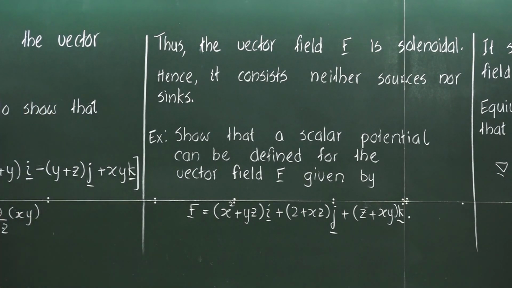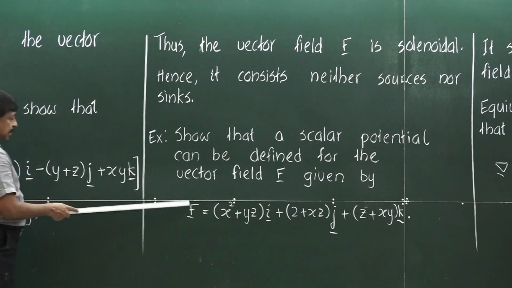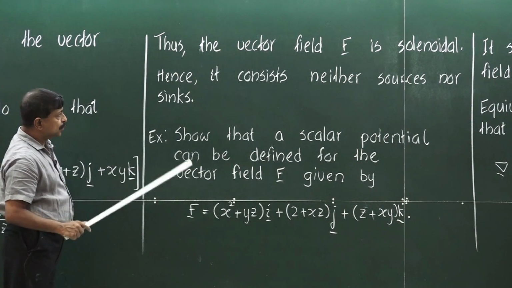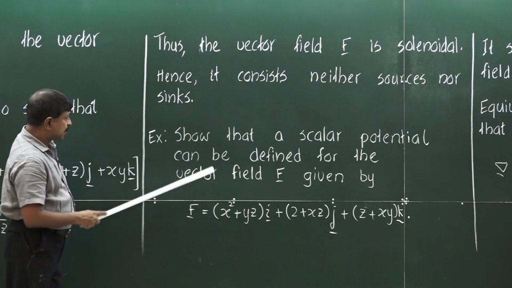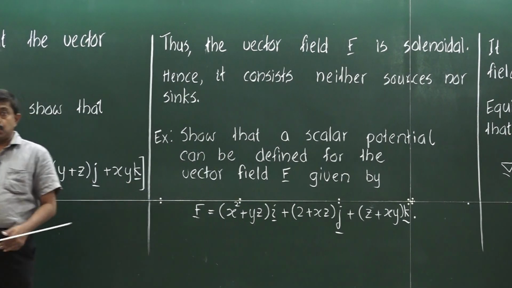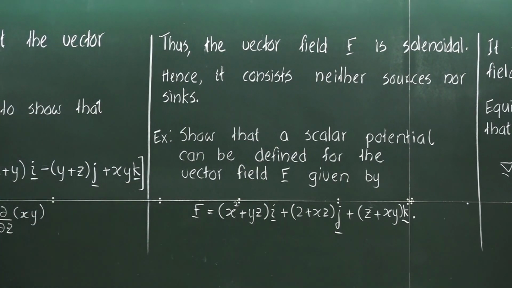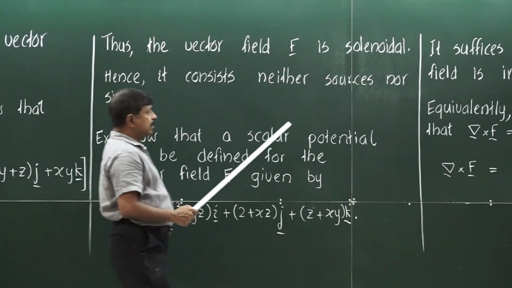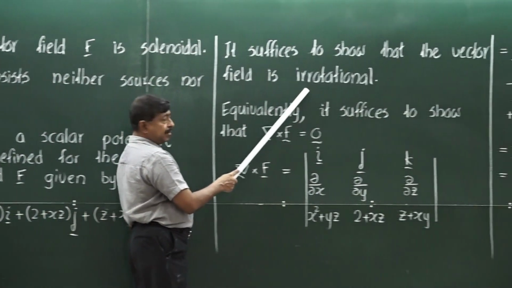Here a vector field f is given as such. Now, we need to show that we can define a scalar potential or a potential function for this vector field f. So, how can we do that? We need to show that it is irrotational.